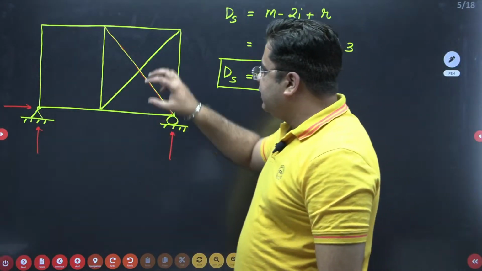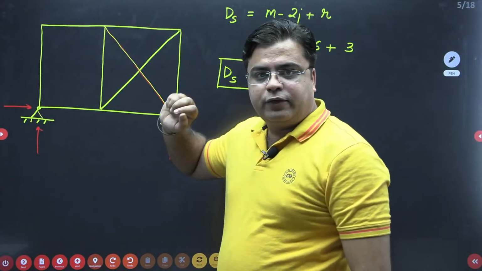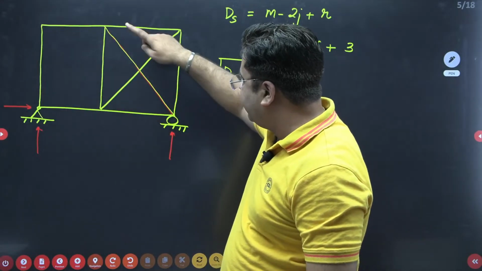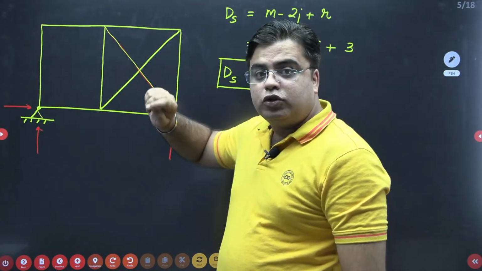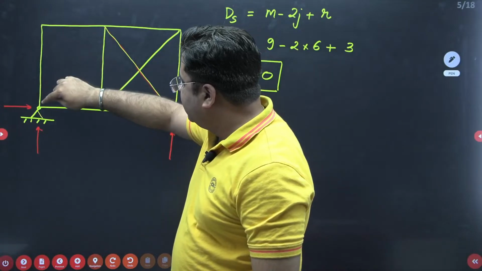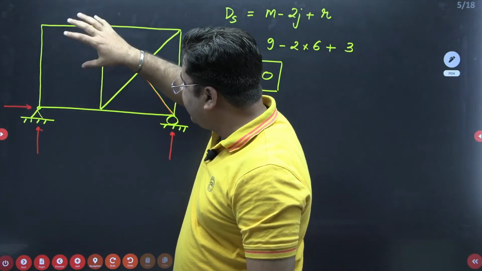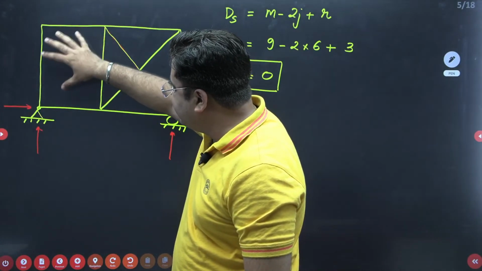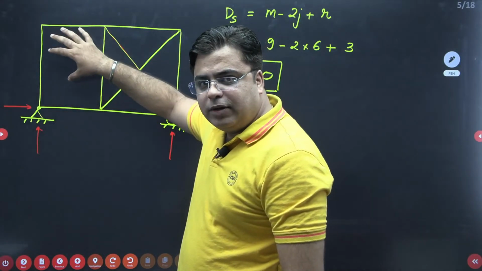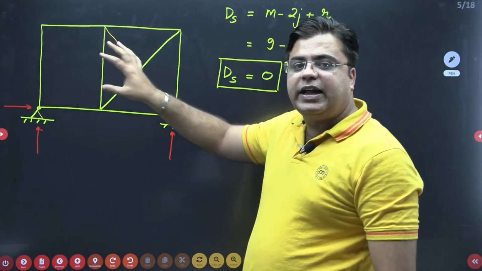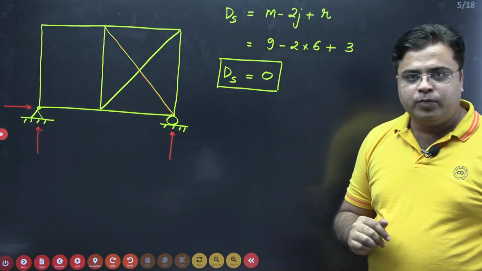On the other hand, this block is oversafe. It is diagonally supported by both the diagonal members. Due to the absence of a diagonal member in the first block, instability exists in this block, and instability in this block will make the entire structure unstable, okay?